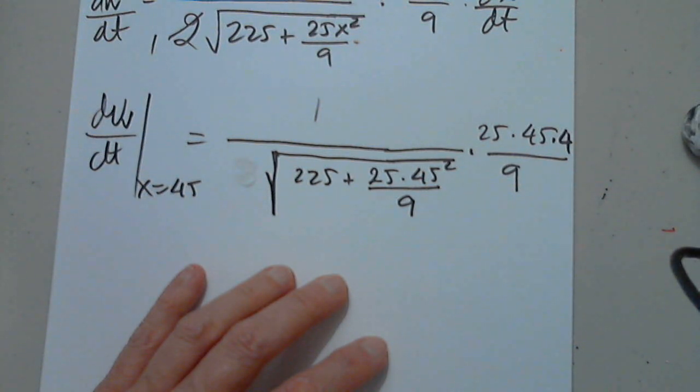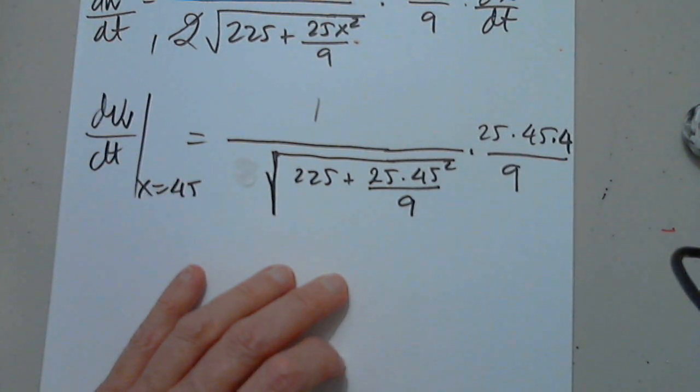So in the numerator, I have 4,500. Close. And now I have to divide by 9, and then further divide, or put parentheses. It's up to you. Further divide by 225 plus 25 times 45 squared, and divide by 9, and close.